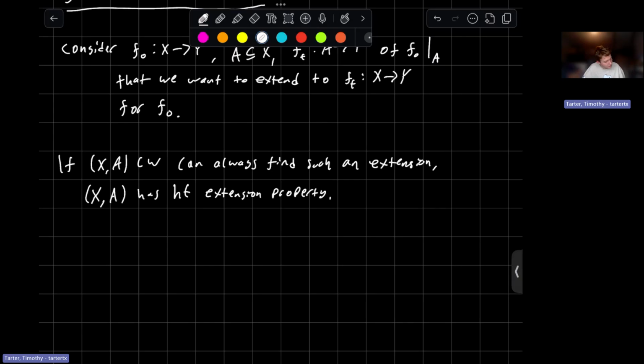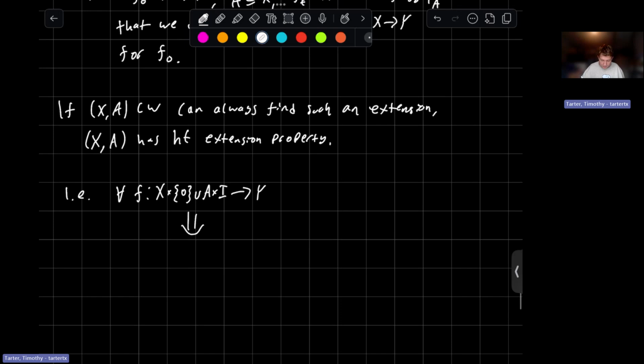That's a weird way to put it. I.e., every map f from X cross 0 union A cross I to Y has an extension f_t to X cross I to Y.